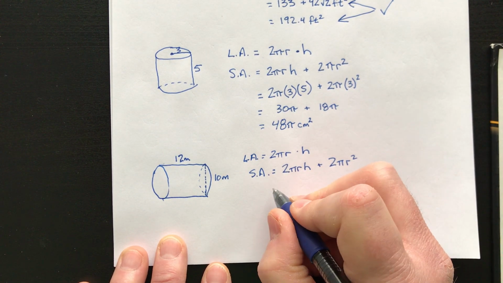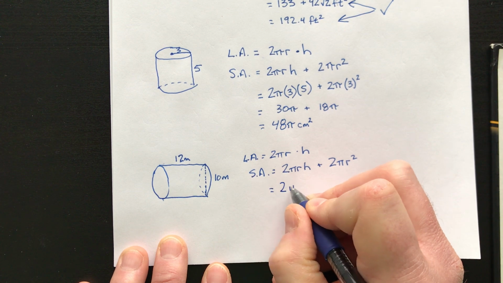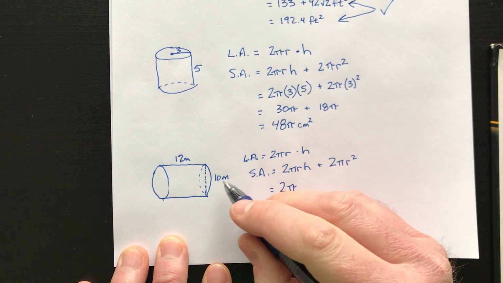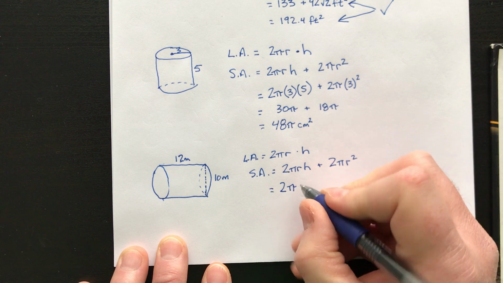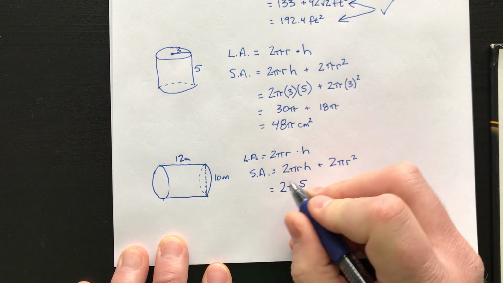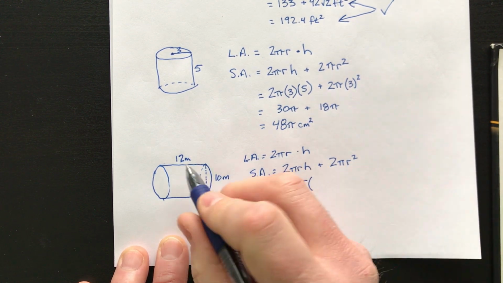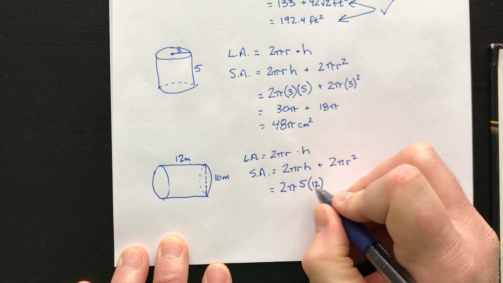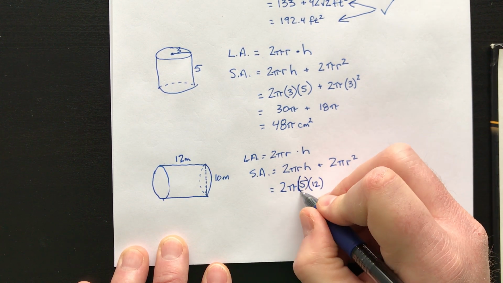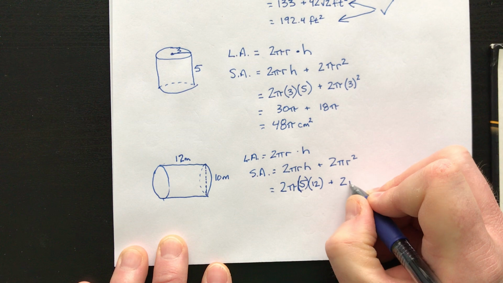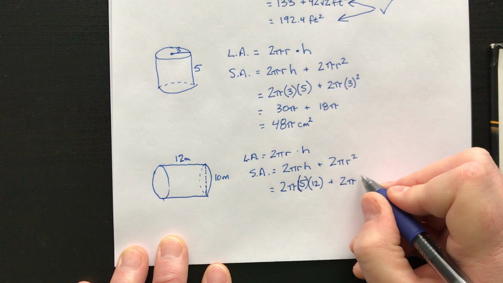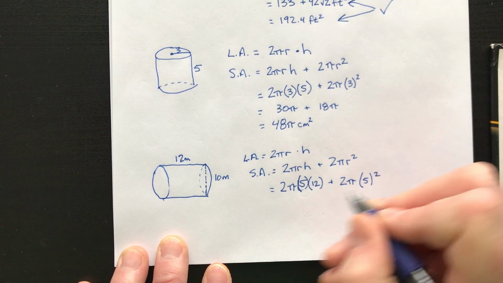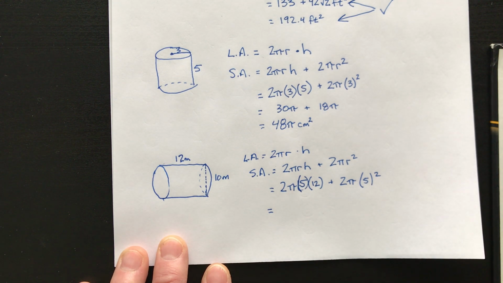Let's plug and chug. 2 pi, what is the radius? The radius is 5, all right? Times the height, which is 12. Plus 2 pi r squared, remember? Radius is 5.